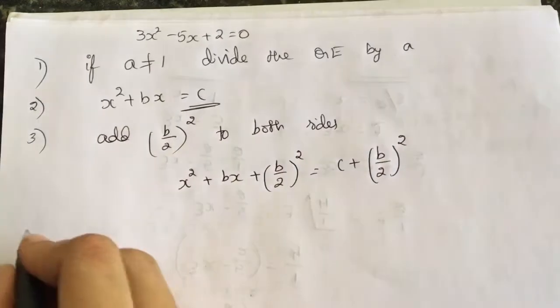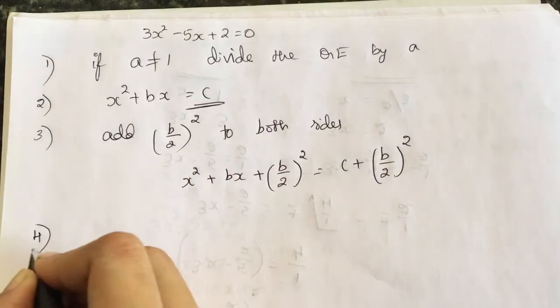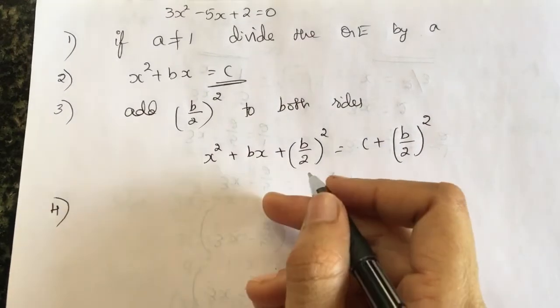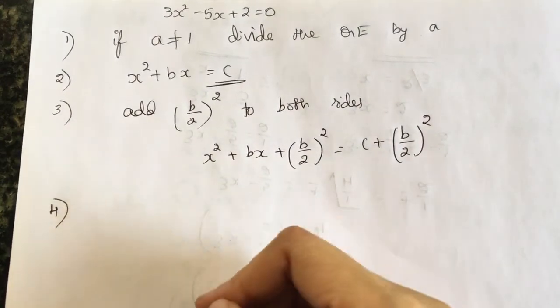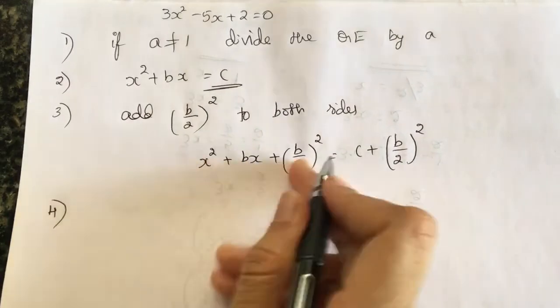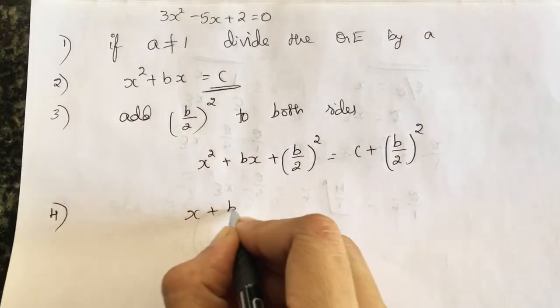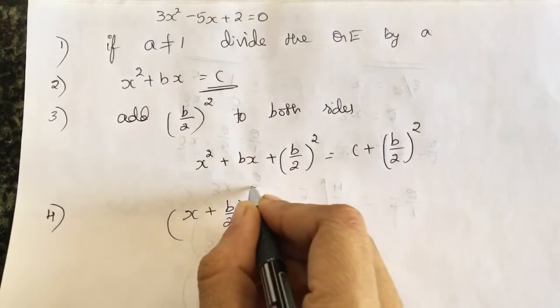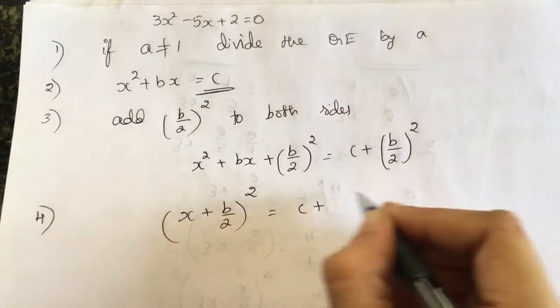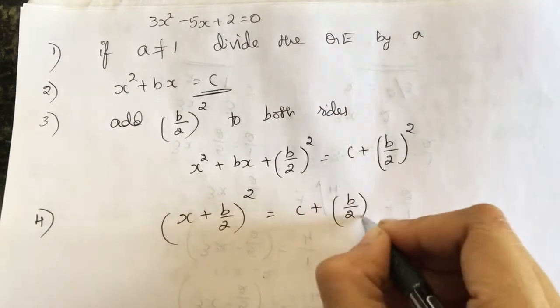Once you get this, you can rewrite the equation, or you can factor the left hand side into a perfect square like this. You can write this as x plus b by 2 whole square, which is equal to c plus b by 2 whole square.